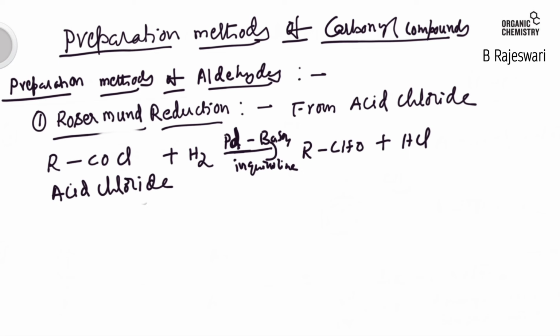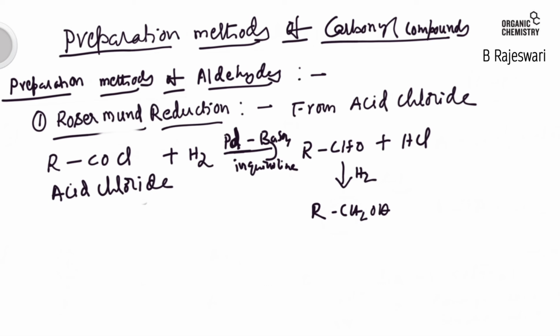If the activity of palladium is not reduced, then the aldehyde formed further undergoes reduction, and the final product will become alcohol. But our desired product is aldehyde.